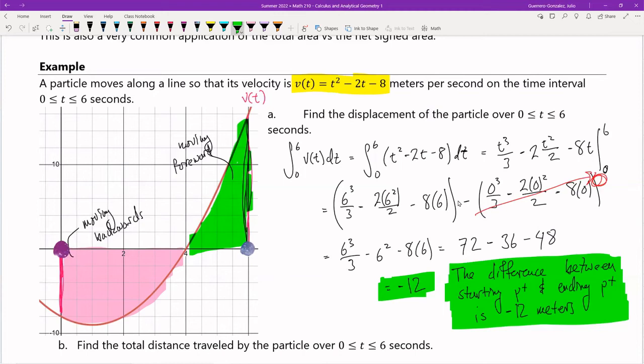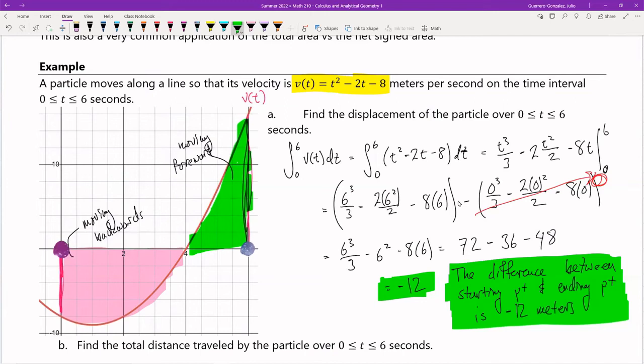It didn't take into account that between 0 and 4, the particle was moving backwards. Now we do have to take into account if our particle is moving backwards. So in order to find the total distance, we need to find basically the distance that he traveled in the negative direction, right?